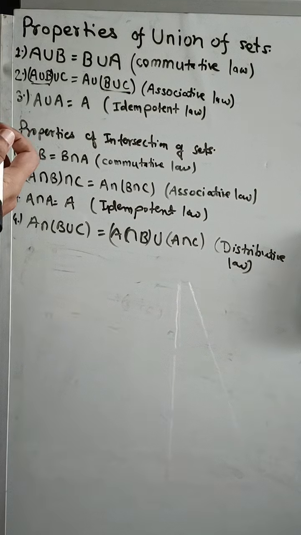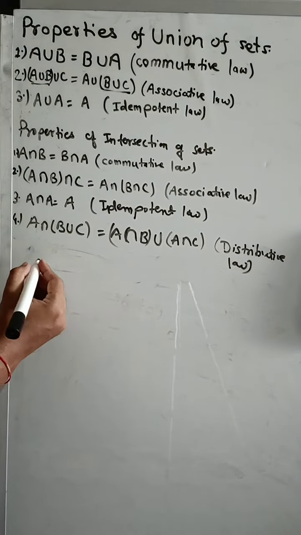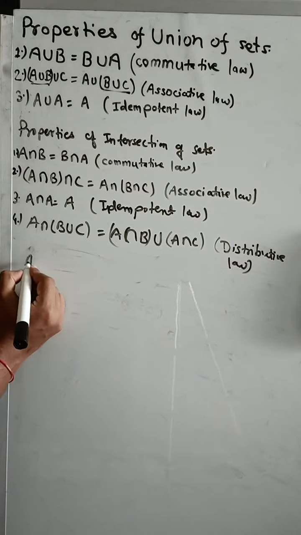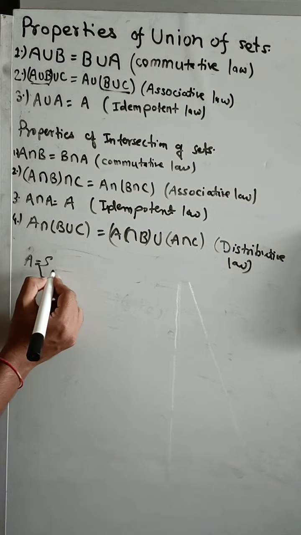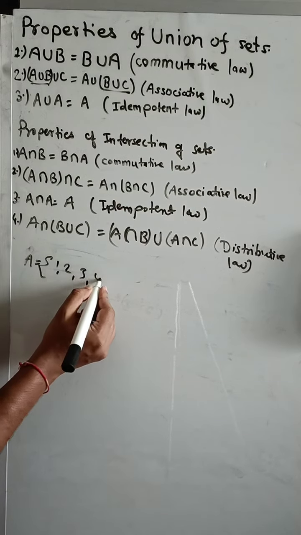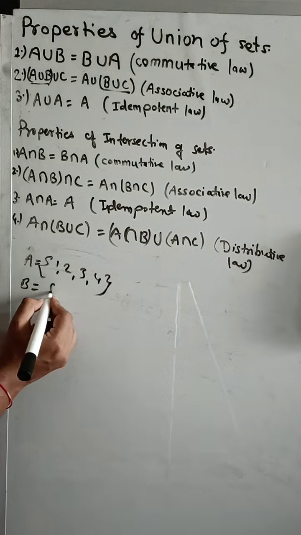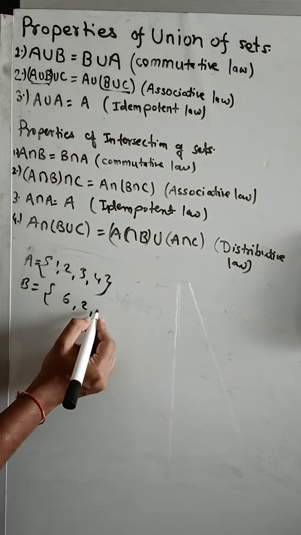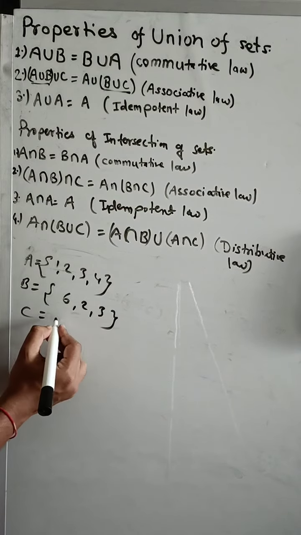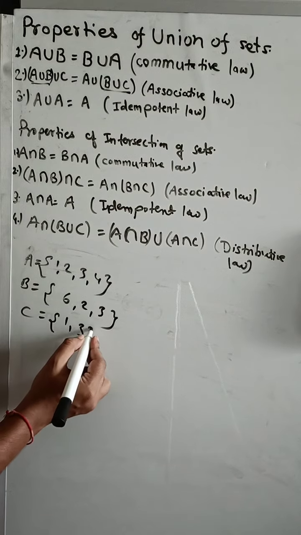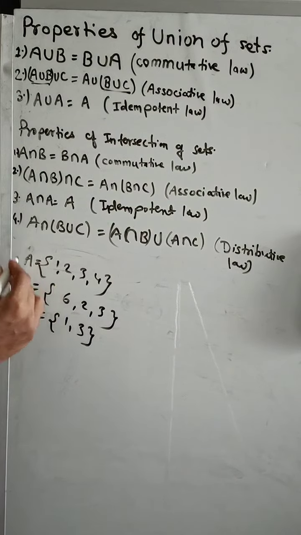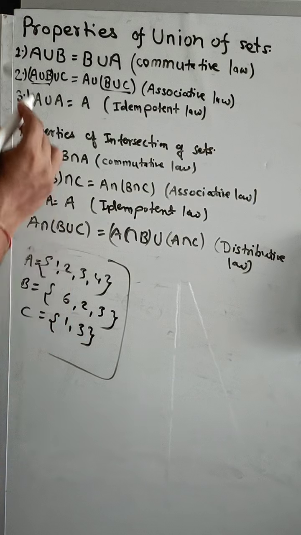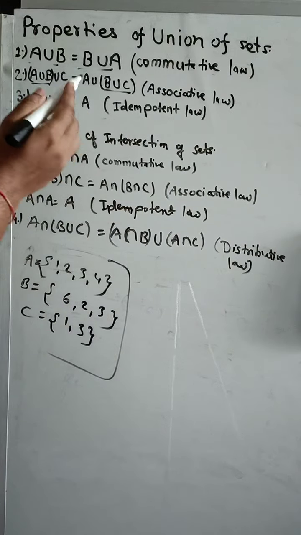And your task will be, I'll give one question. A is 1, 2, 3, 4, then B is 6, 2, 3, and then C is 1, 3. You have to take this as an example, calculate this and this, and compare them.